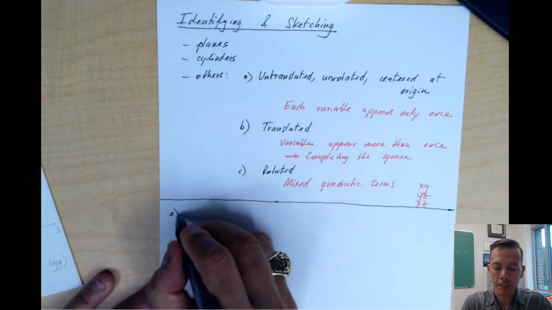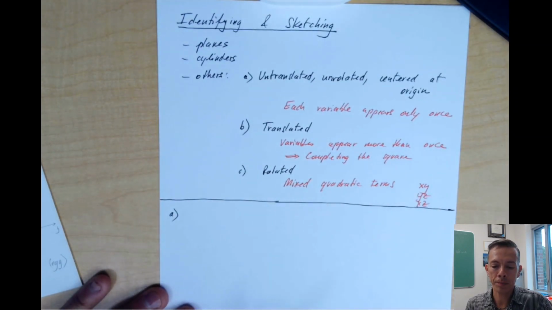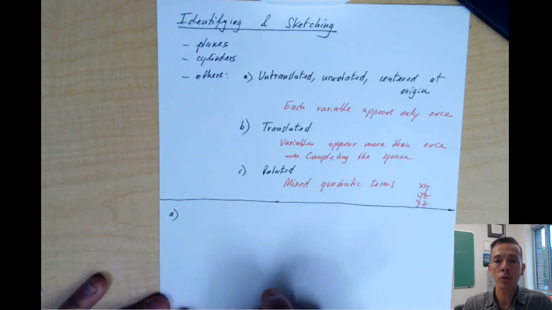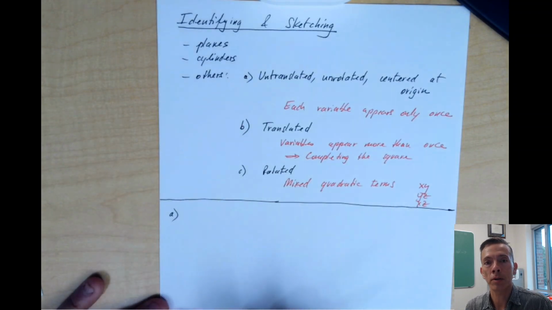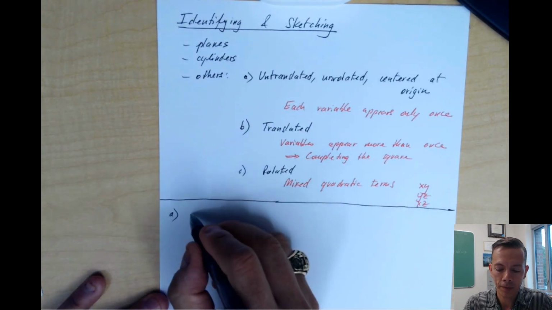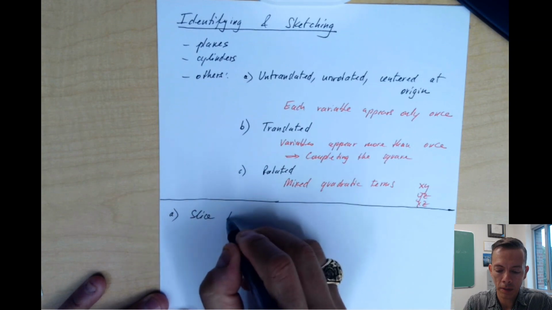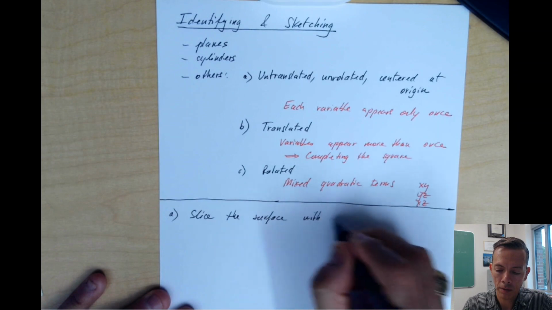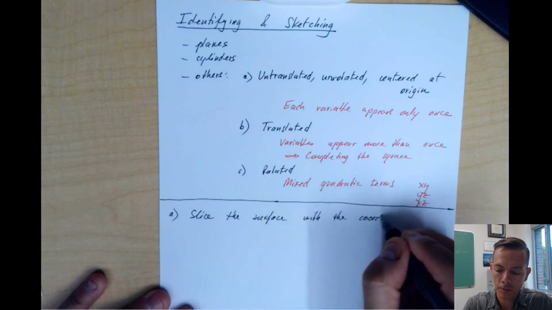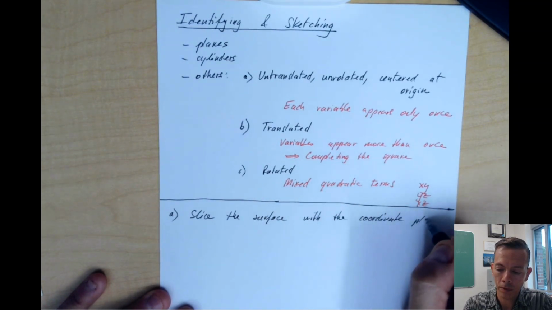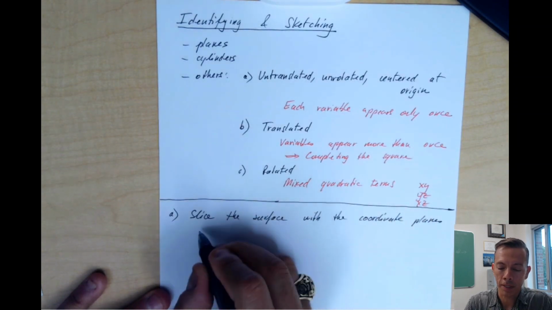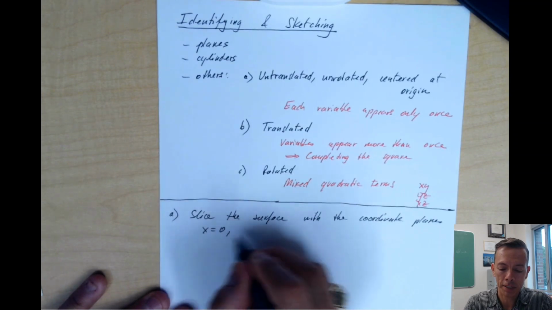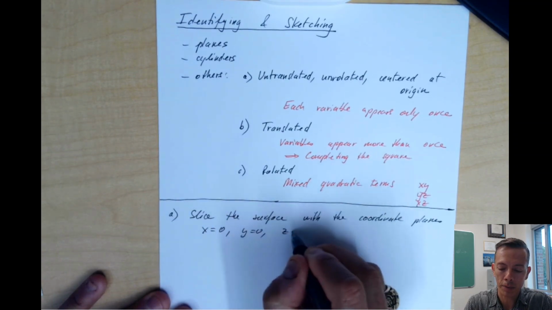So if you have an untranslated quadric surface, you can identify it by its traces, and the planes we're going to use are the three mutually perpendicular coordinate planes. So these are the planes, the xy plane, yz plane, and xz plane. These have equations x equals 0, y equals 0, z equals 0.